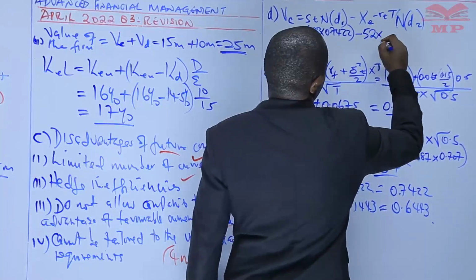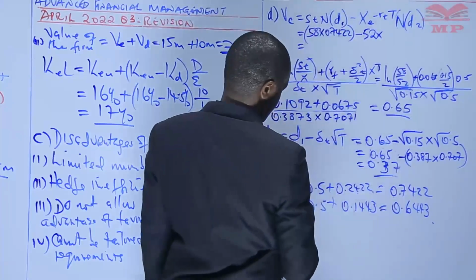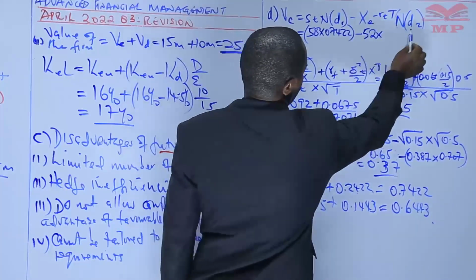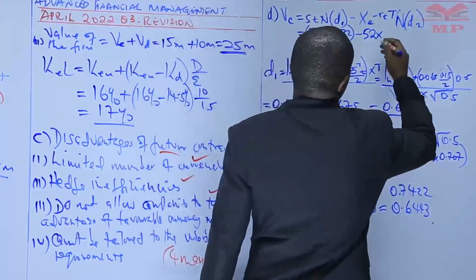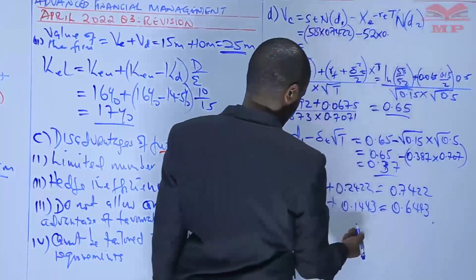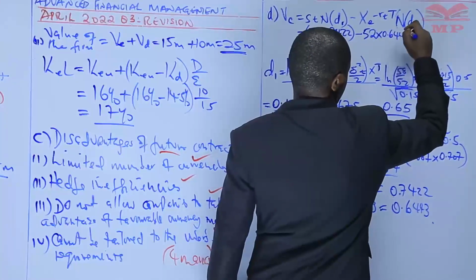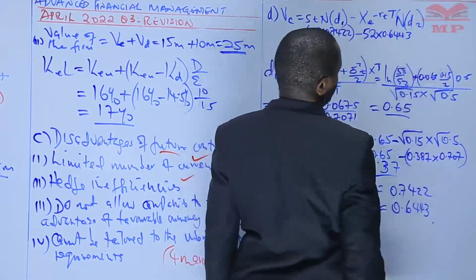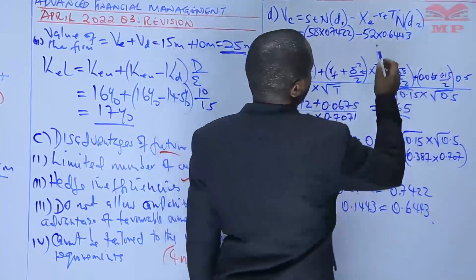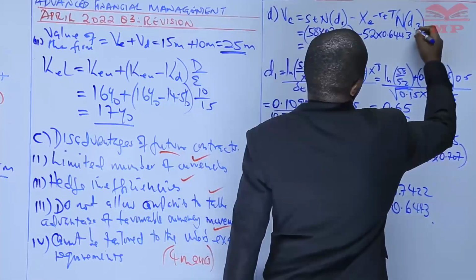We multiply by N(D2), 0.6443, and the risk-free rate.